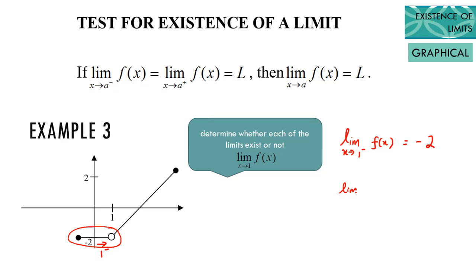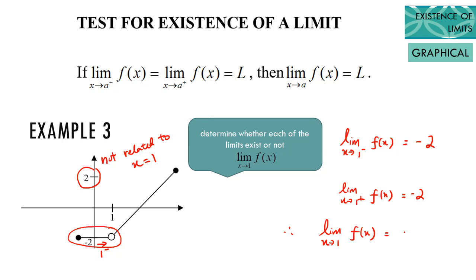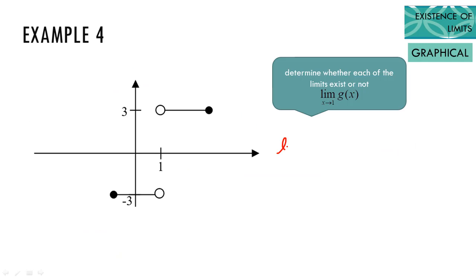At the same time, when x approaches 1 from the right, that is a linear function. And also the value y equal to 2 is not the limit, because when approaching 1 from the right, the graph is pointing to the empty circle which is y equal to -2 as well. Therefore, we can conclude that the limit is -2.